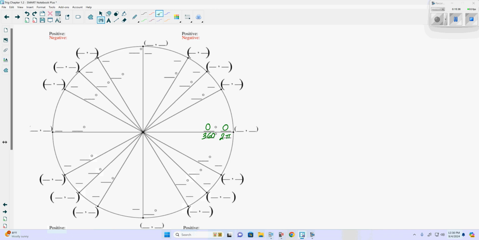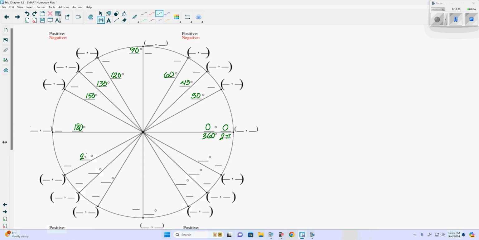Now, going around the circle, our first one is going to be 30 degrees, 45 degrees, 60 degrees, and straight up is 90. From here we have 120, 135, 150, and then 180.